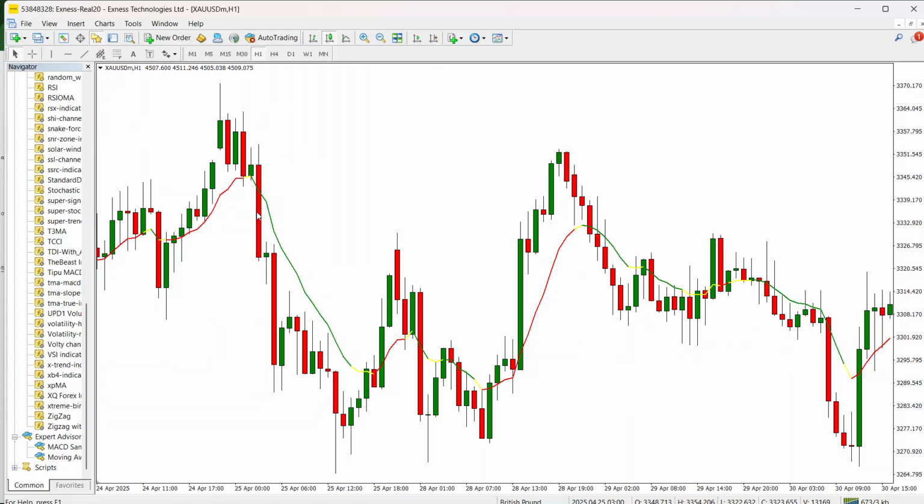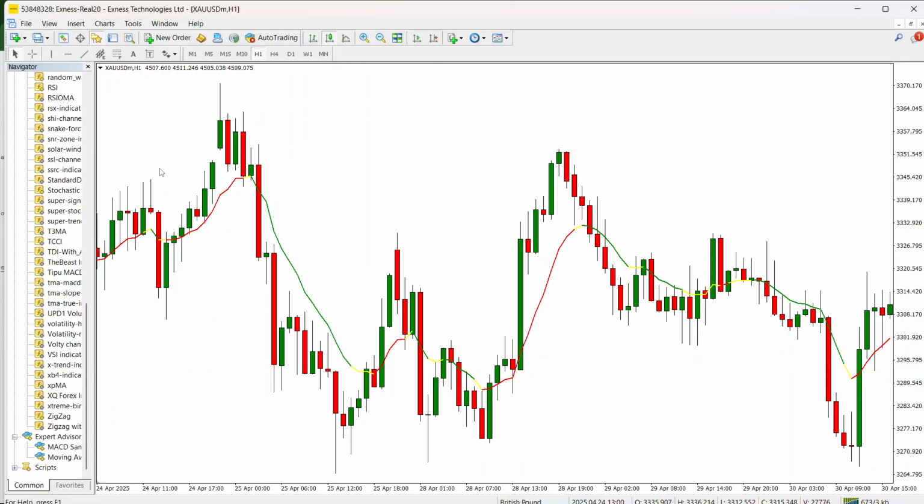For trend confirmation, traders use the XPMA to validate the direction identified by other indicators or price action, ensuring traders align with the dominant market movement.